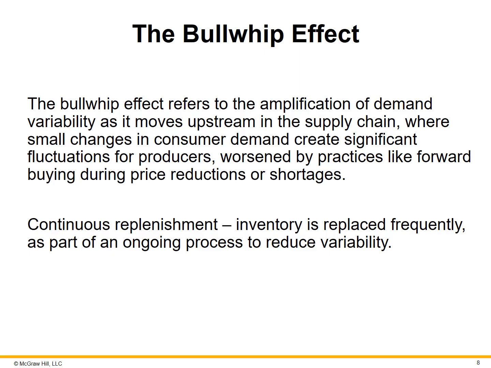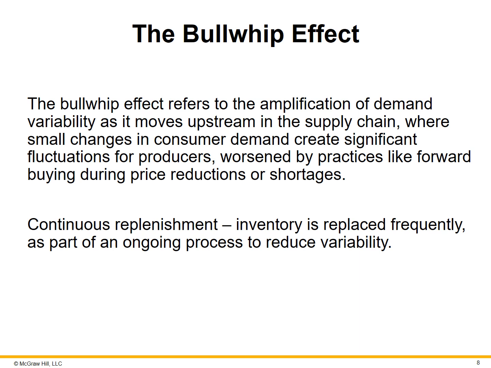You all would have heard of the bullwhip effect, and the bullwhip effect refers to the amplification of demand variability. So through the supply chain, when demand has small variability, as it moves along to the end customer, it gets greater.